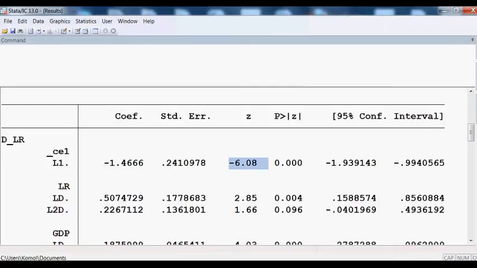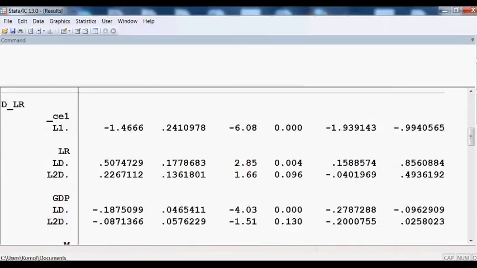Also here, that means coefficient divided by standard error, you can get the Z statistics all the time. Suppose this divided by this, you can get 2.85 all the time, and that is the Z statistics.